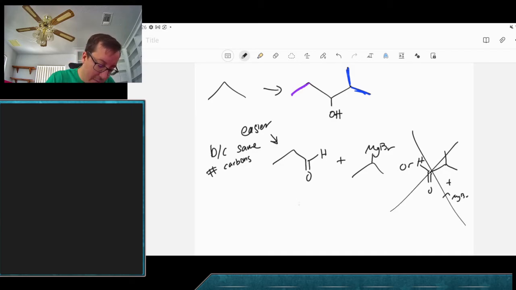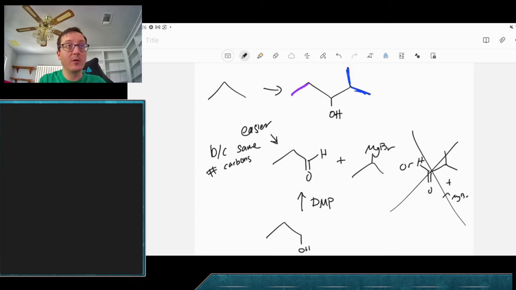So we think, how do we make this? Well, we know we can make aldehydes from alcohols and DMP, or Swern, or PCC. Any of those. And think, how do we make alcohols?